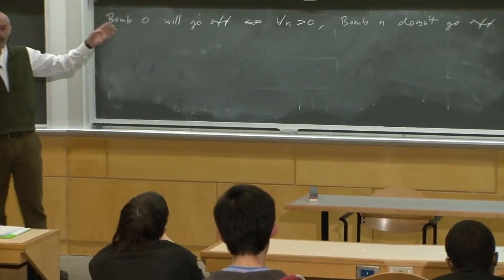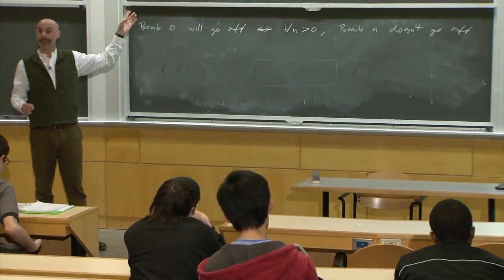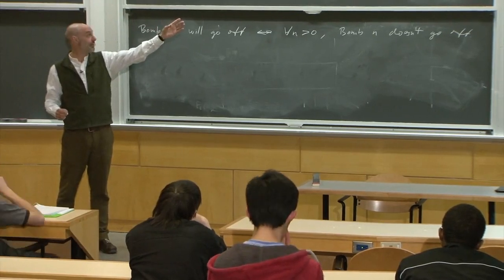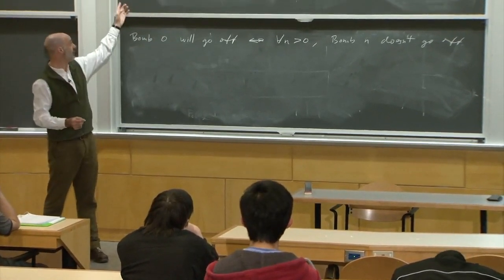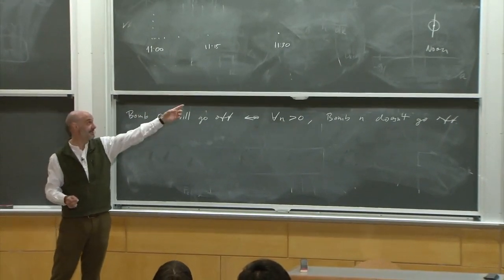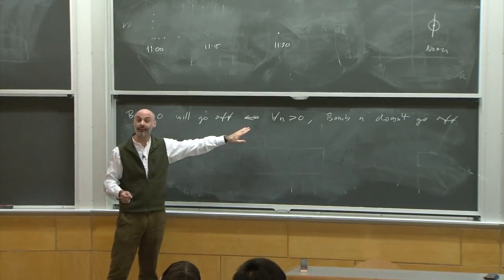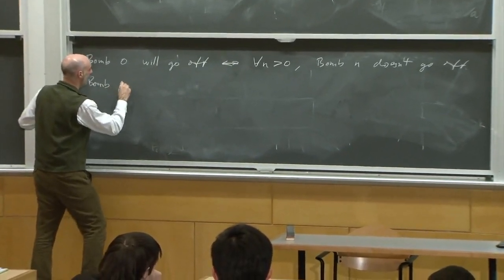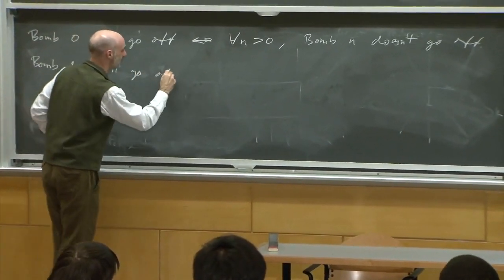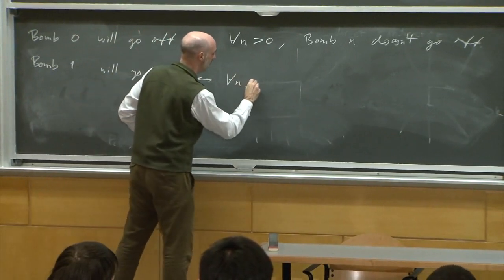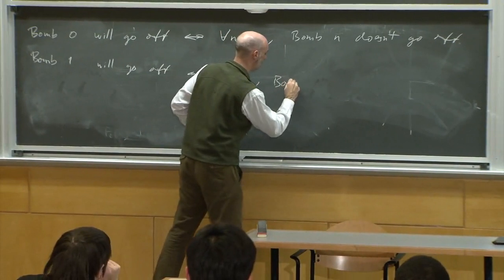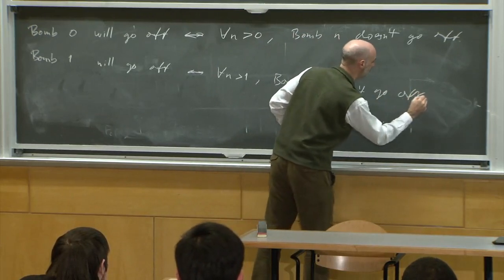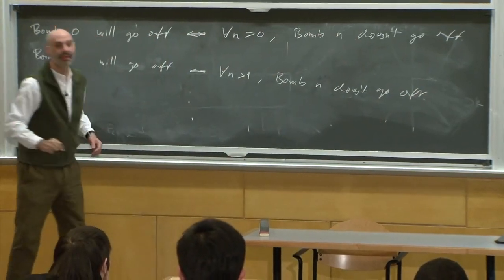So bomb 0 will go off if and only if no earlier bombs go off, because if none were to go off, then just the timer will reach the designated time and the bomb will explode. If an earlier one does go off, then the explosion will disable the final bomb. So that's what we have, an if and only if. And the same is true for each of the other bombs. So bomb 1 will go off, and so forth.